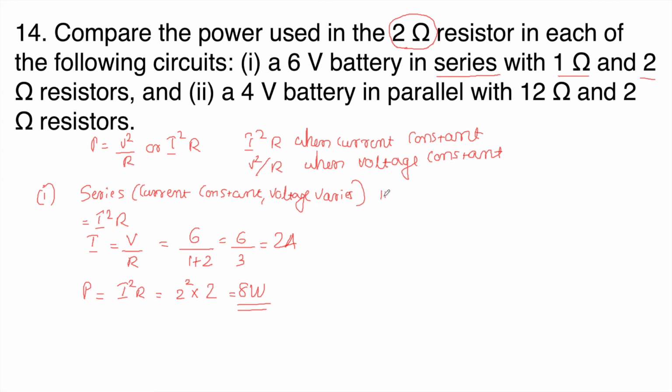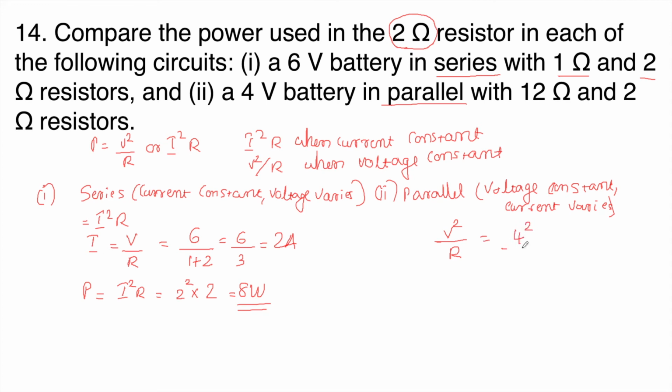And now we can consider the second case. Second case, it is in parallel. Okay, so parallel means voltage constant. Voltage constant, but current varies. Okay, so we can use here the formula when voltage constant, V square by R. Okay, so V square here it is given 4.